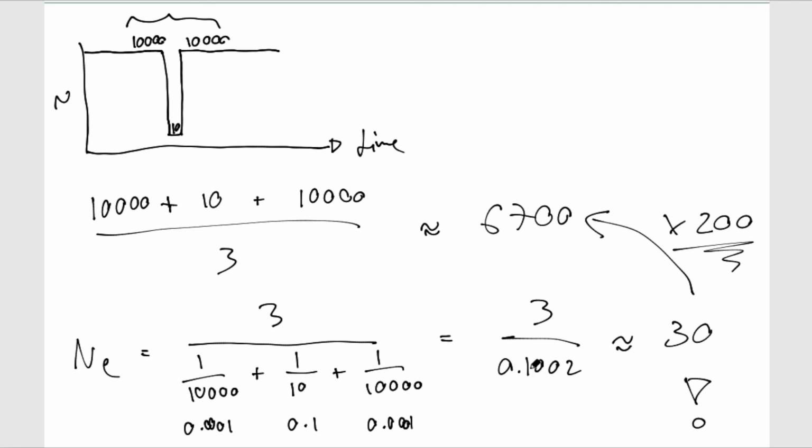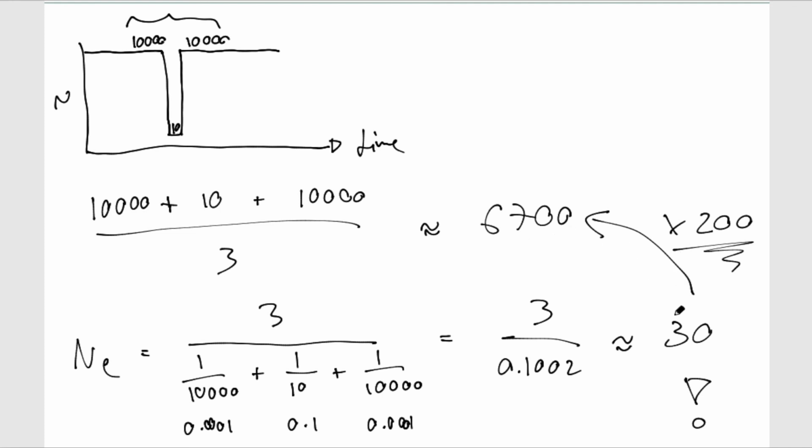This is 1 over 10. That's the only number that's driving this small value. And so really, it doesn't matter what your population size is up here. The bottleneck here is completely driving the genetic fate of this population. And so I hope this sort of brings home the main point.